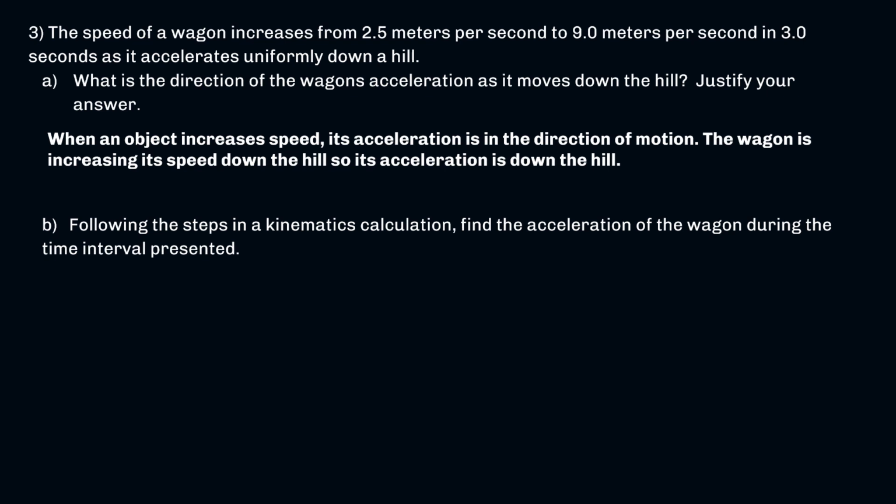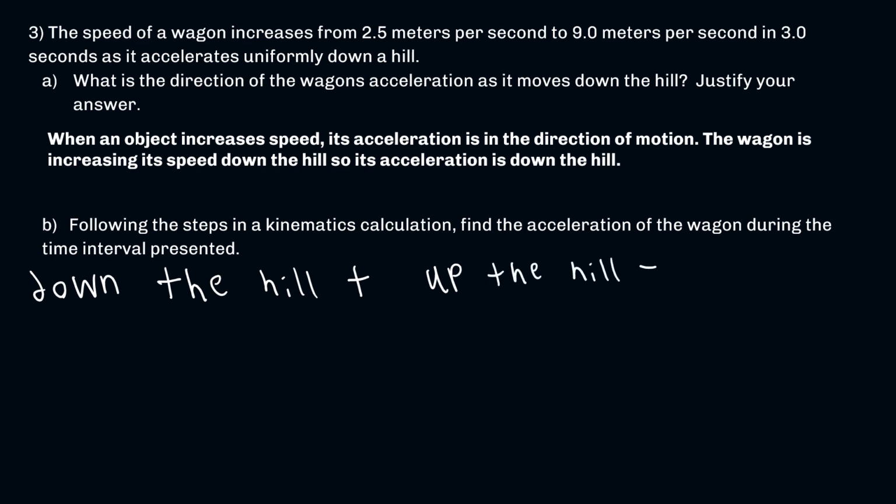All right, so with this, we are going to write out our kinematics chart. First off, we're going to make a positive direction and a negative direction. I'm just going to make positive down the hill, and up the hill will then be negative.